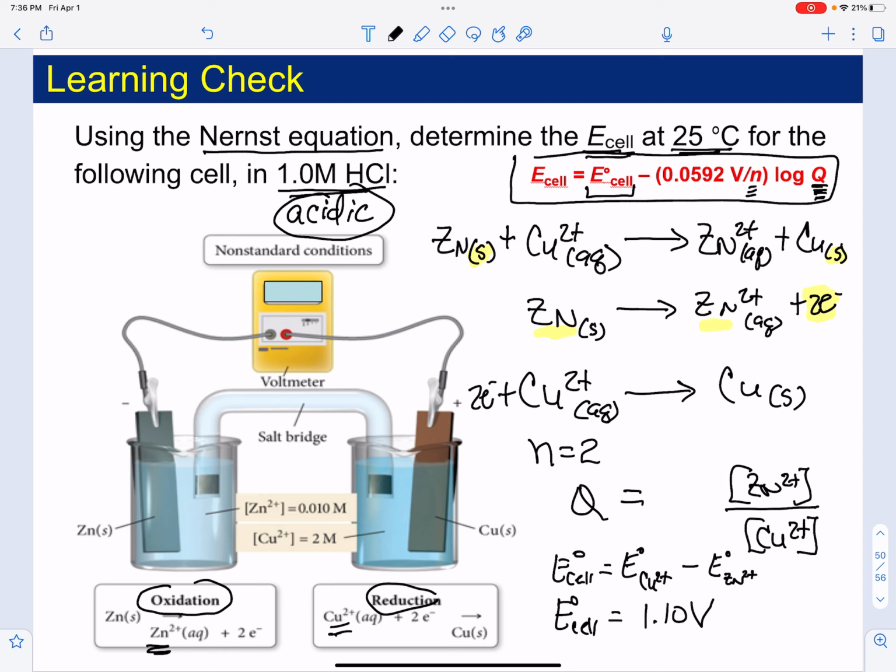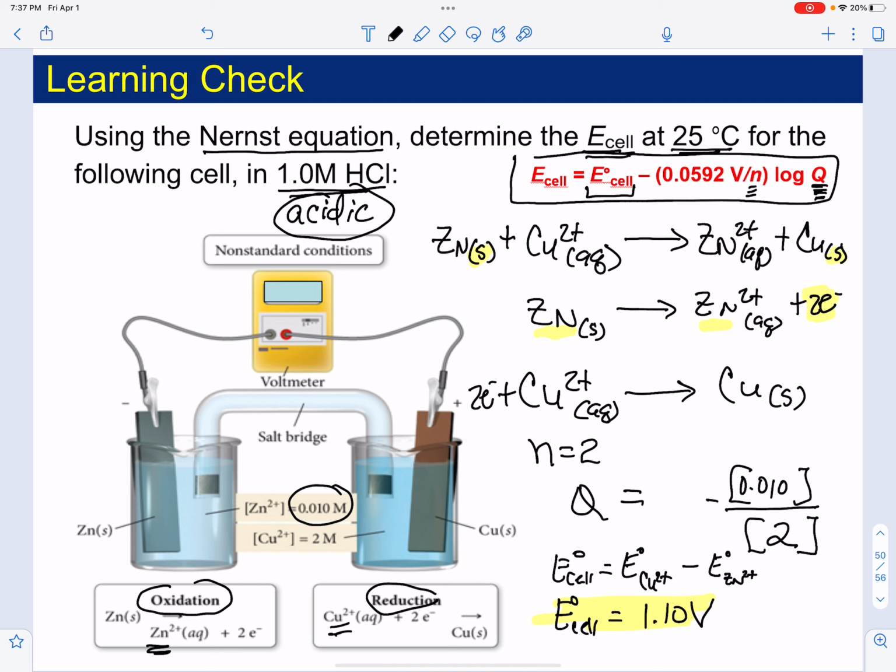So given all that, I have my E cell, 1.10 volts. I have my Q expression, and I have the values for that. Zinc 2 plus is going to be 0.010 molar, and my copper is going to be 2 molar.